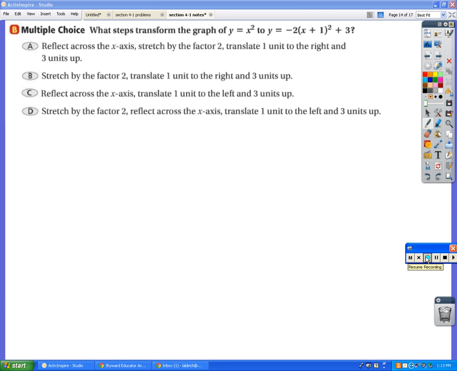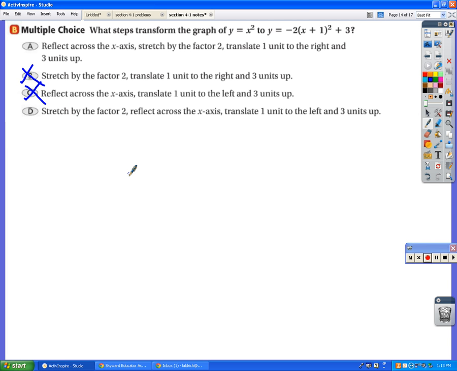There are 4 things going on here. The negative flips it over the x-axis, okay? So this one is no good because it doesn't say flip over the x-axis. The 2 is a stretch of 2. So this one is no good because it doesn't have a stretch of 2.